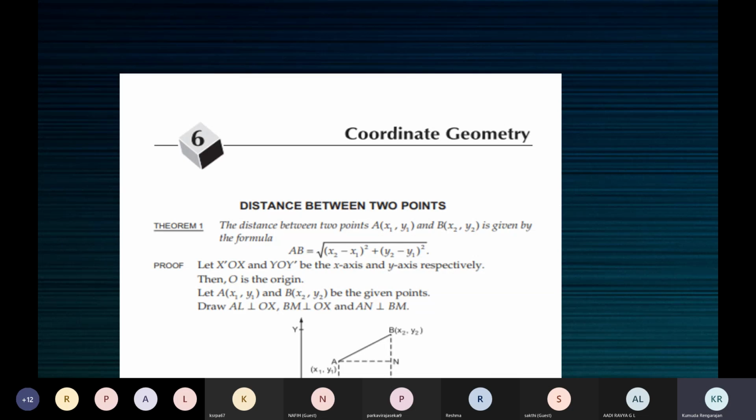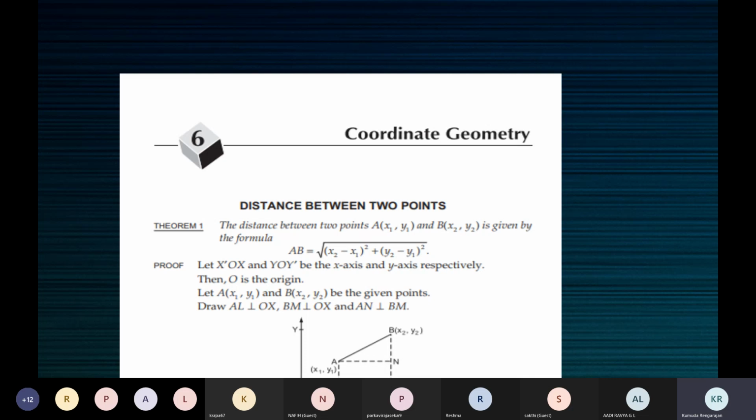We get the same result in both the cases. 10 minus 7 the whole square is the same as 7 minus 10 the whole square. So x2 minus x1 is squared.